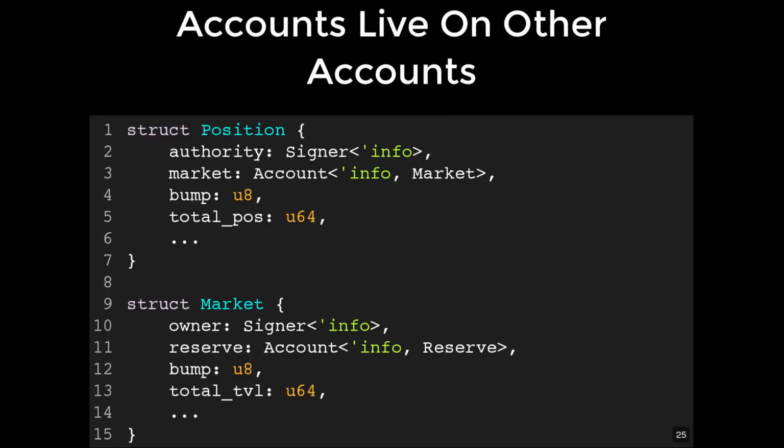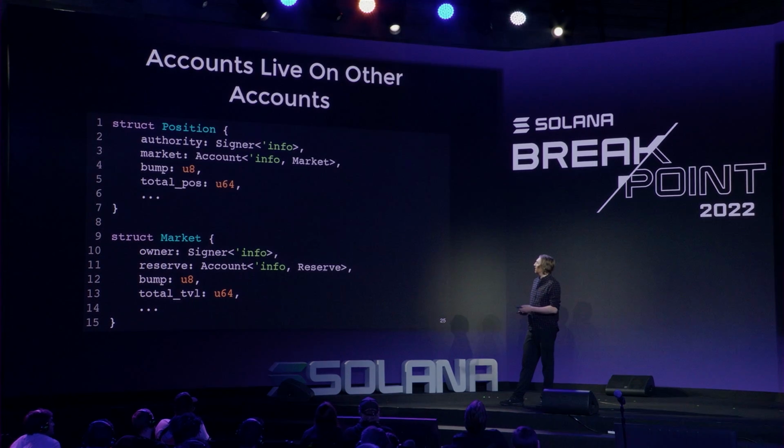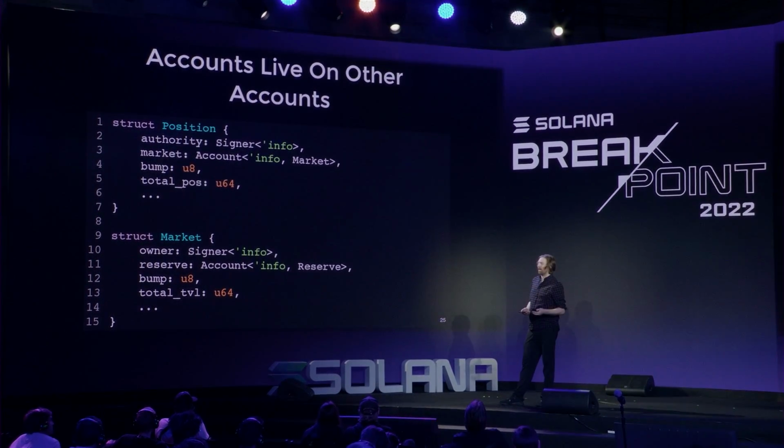So let's look at the account struct now. You can see the account struct now has some of the syntax that we would have used previously for the derive accounts macro struct. You've got your signer, your account, and they live on the data account. In reality, they only live there as a public key, but you access them as if they were directly linked.